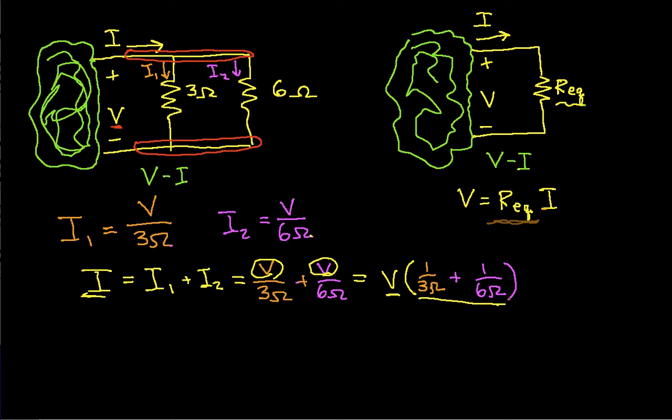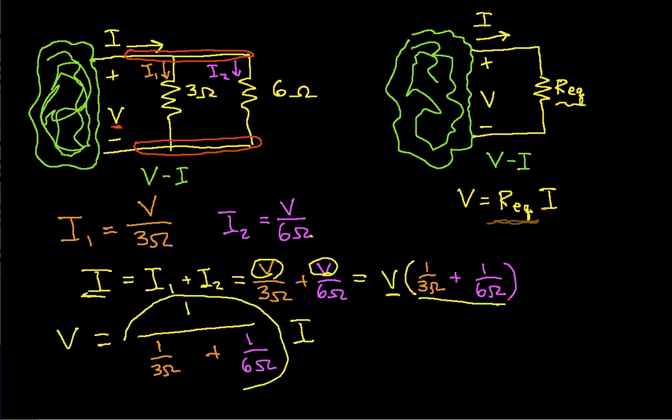And then we end up with V is equal to 1 over (1 over 3 ohms plus 1 over 6 ohms) times I. And believe it or not, this is pretty much what we want, because we have V is equal to something, and this something is this fraction times I. So that basically gives us what our equivalent resistance is in this case.